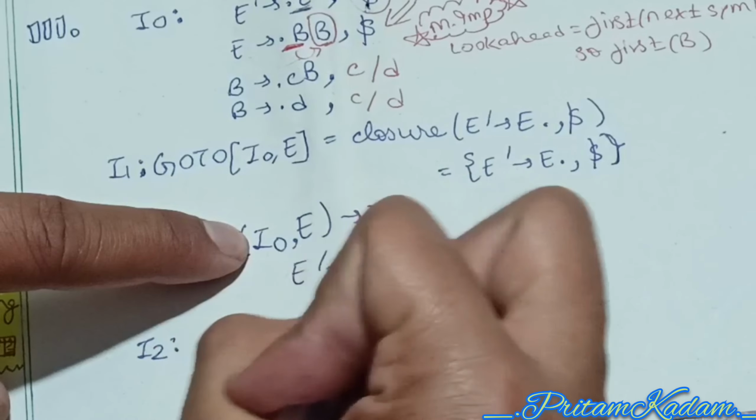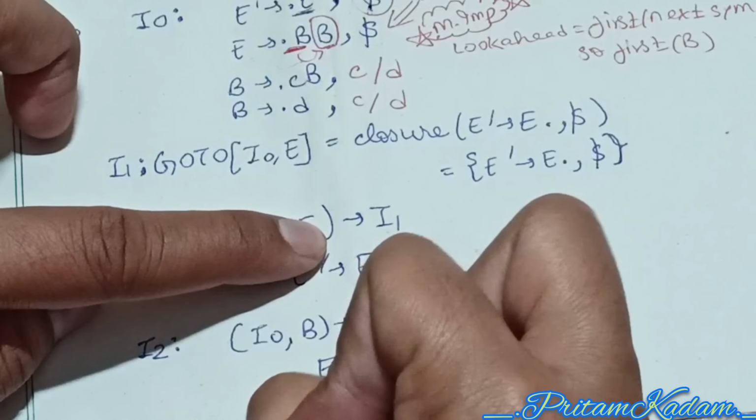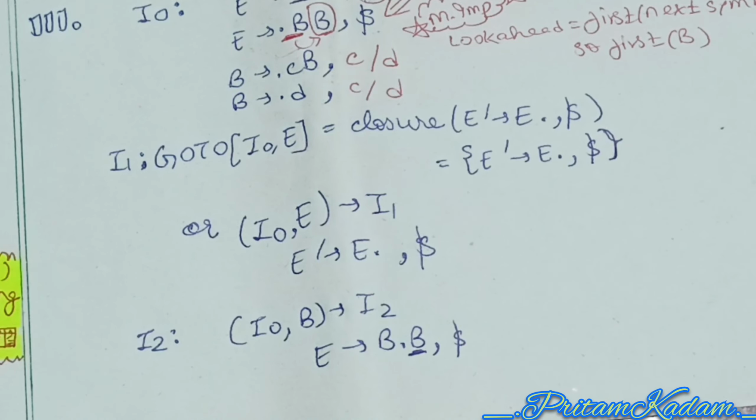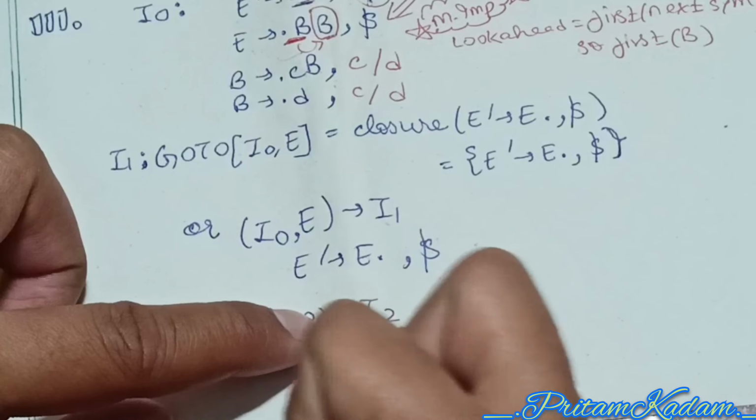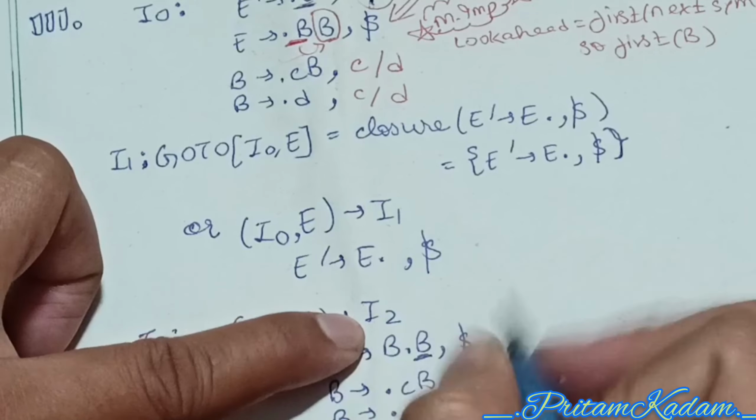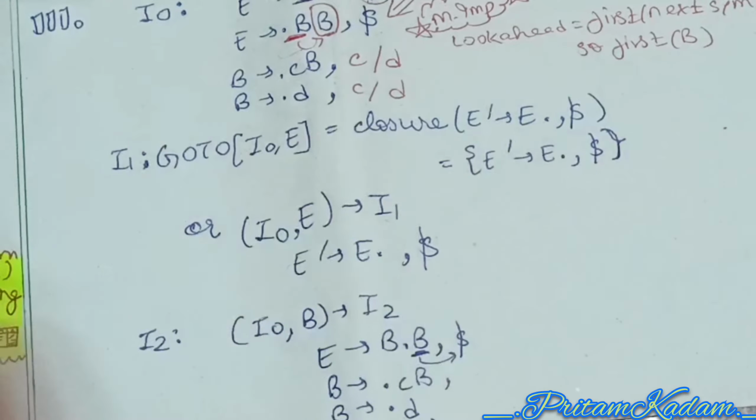So the I2 state we will get when we pass capital B. Okay, so I0 on capital B goes to I2, and E gives B dot capital B with look ahead as dollar. So we have a non-terminal after the dot, so we will write the productions of B. So B gives dot CB and B gives dot D. Now we will have to write the look ahead.